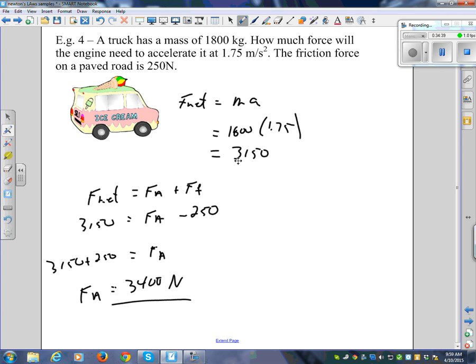Okay? And if you stop and you think about it, it makes sense. You need 3,400 newtons because 250 goes to what? Overcoming friction, and then the remainder, the 3,150, is used for accelerating. If you just always subtract friction and take 3,150 minus 250, you're going to get it wrong. You gotta write the formula.